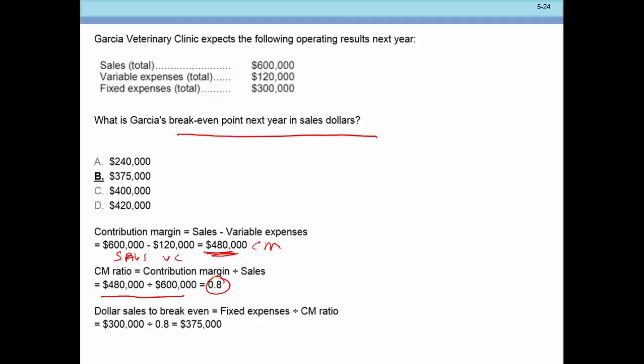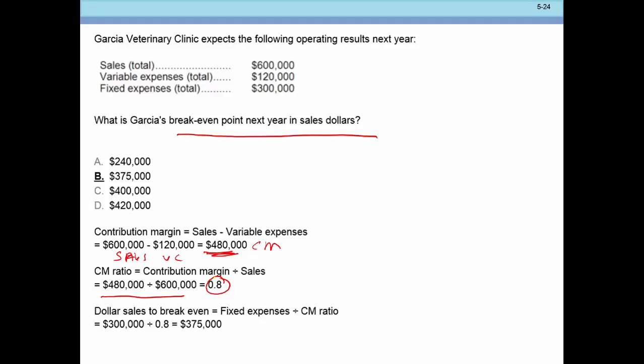This company is what they call highly leveraged. They have a lot of fixed expenses, but they've covered those fixed expenses, and after that, it's all profit, isn't it? And it's going to go up quite quickly because my variable costs are such a small part of my overall sales price.